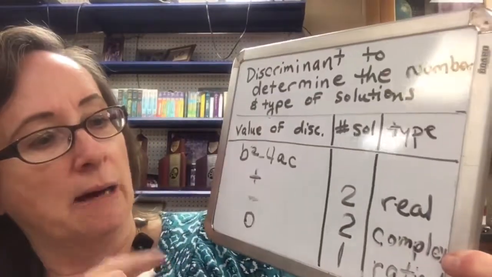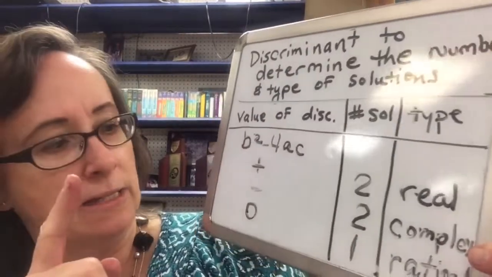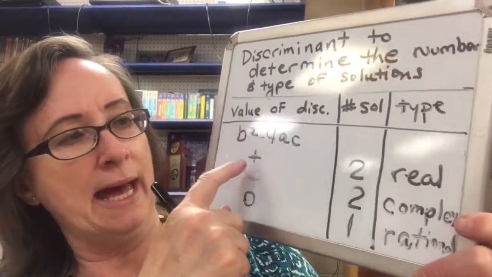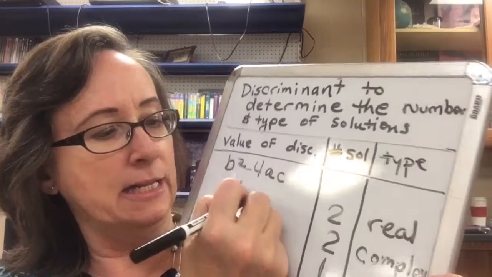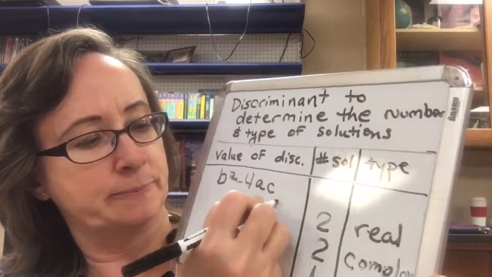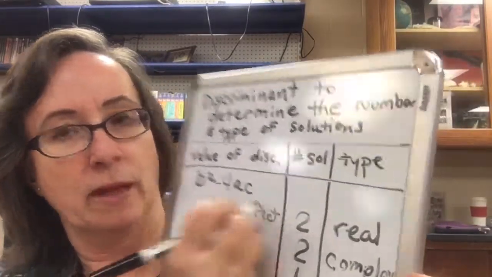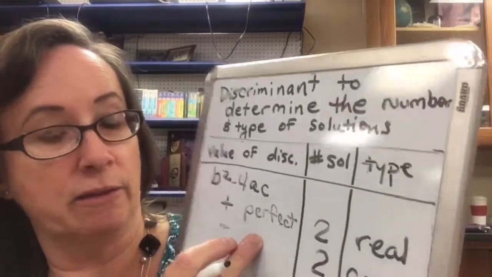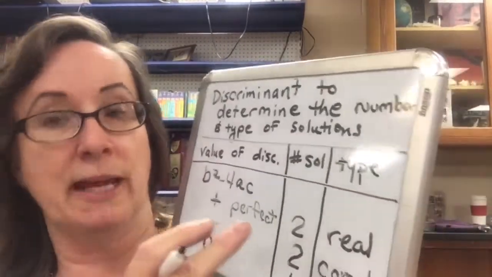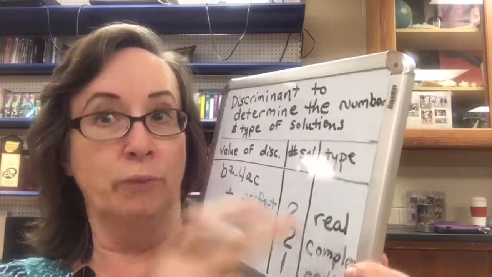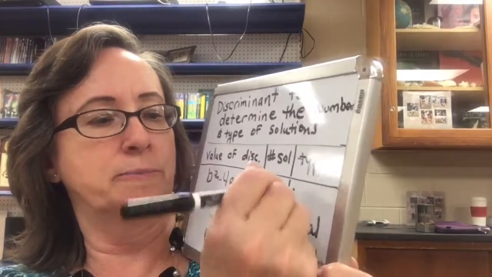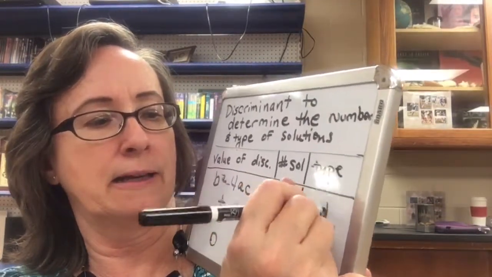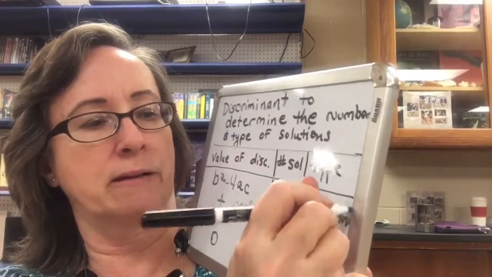If we had positive and a perfect square underneath the radical, then we would have two real but also rational solutions, because it would come out of the radical.